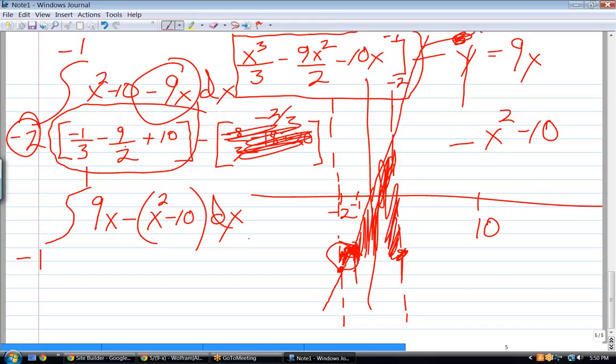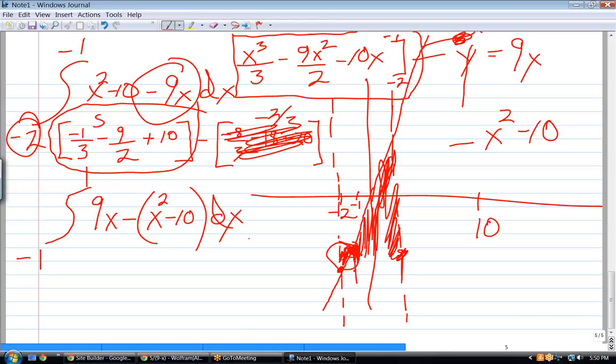Not so easy because we have a fraction. 10 minus 4.5 is 5.5. 5 3/6 minus 2/6 is 5 1/6.